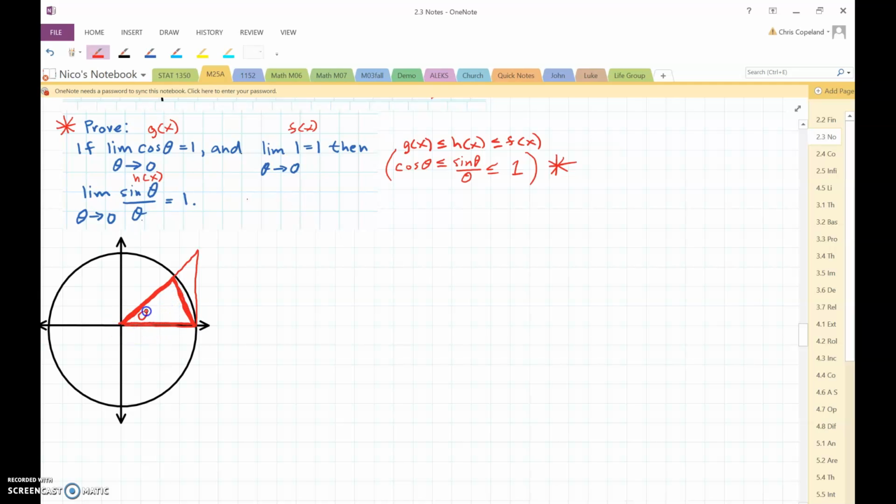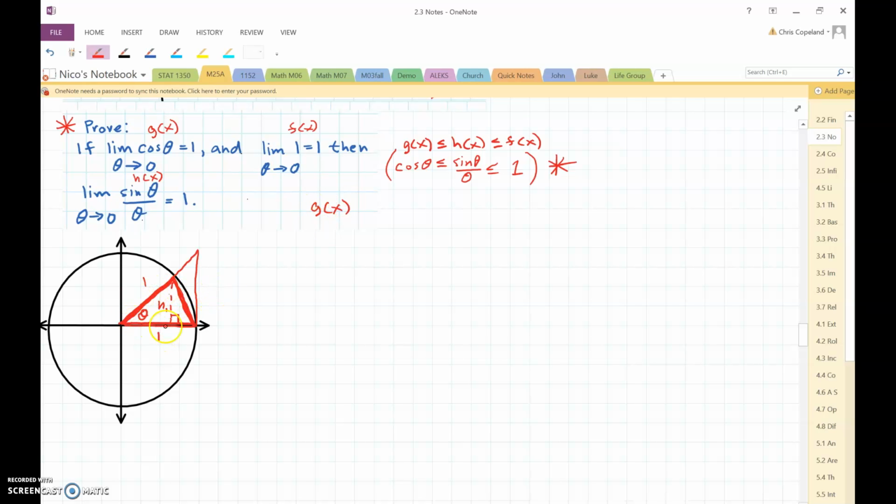Where this is theta, this is 1, this is 1. The height here, I'll call this h sub 1. Okay, so we'll call this g of x.